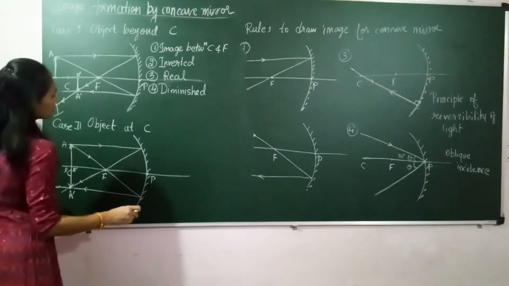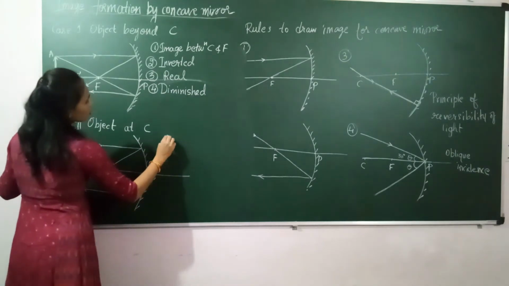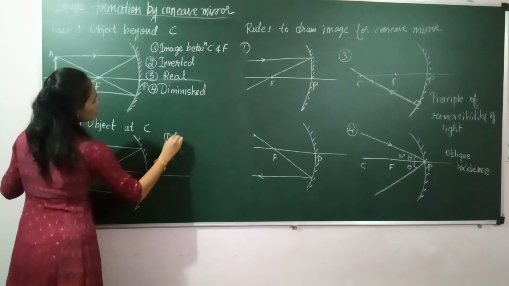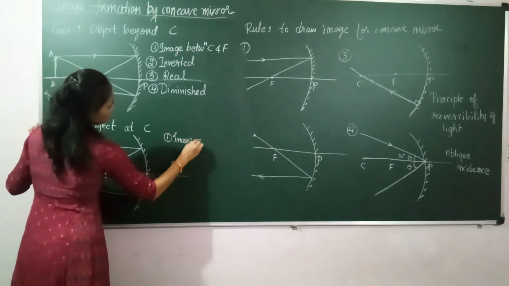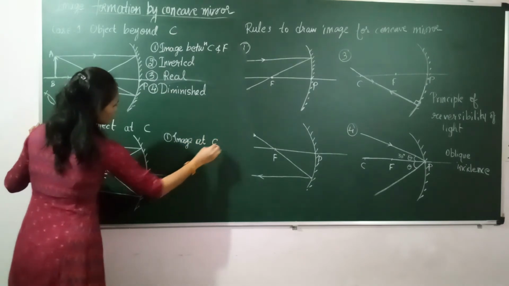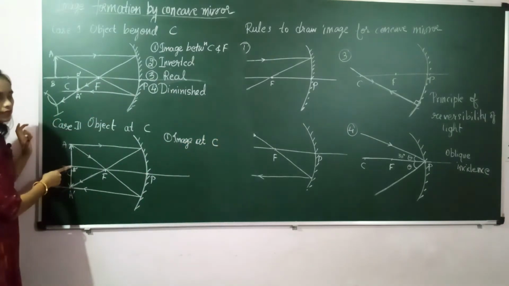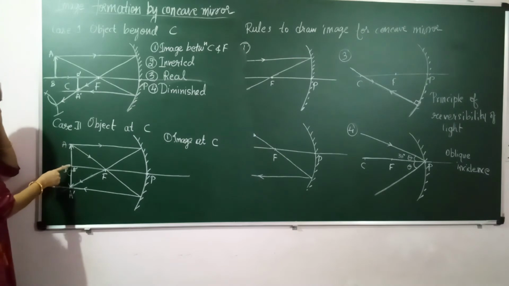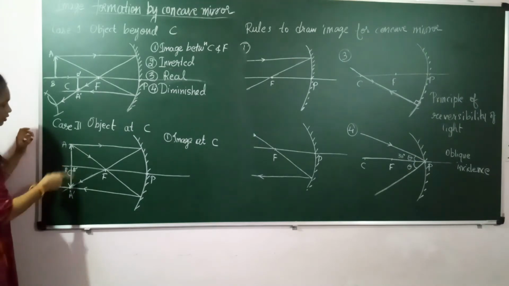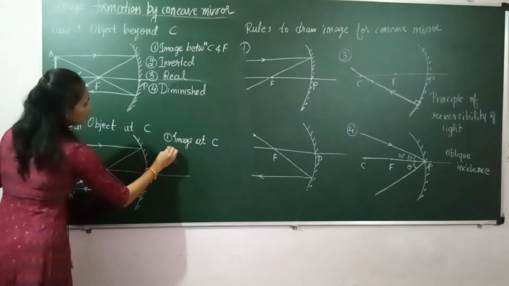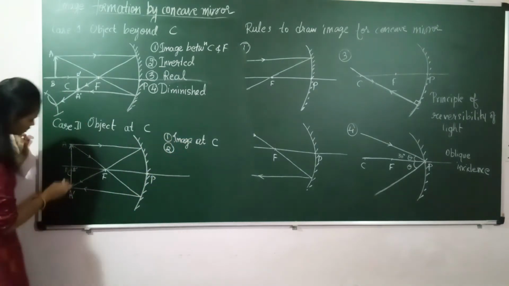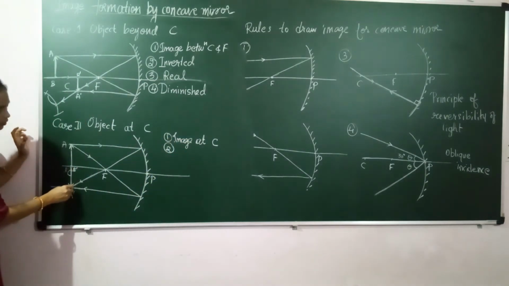Now we will write the characteristics of this image. First, the image is formed at which point? At the center of curvature. The object is placed at the center of curvature, and the image is also formed at the center of curvature. So the image is at C. Next, see whether the image is erect or inverted.